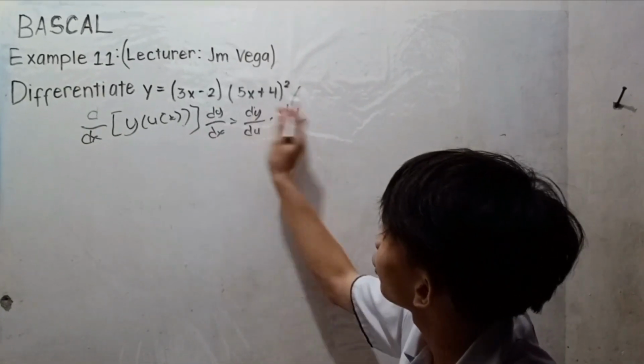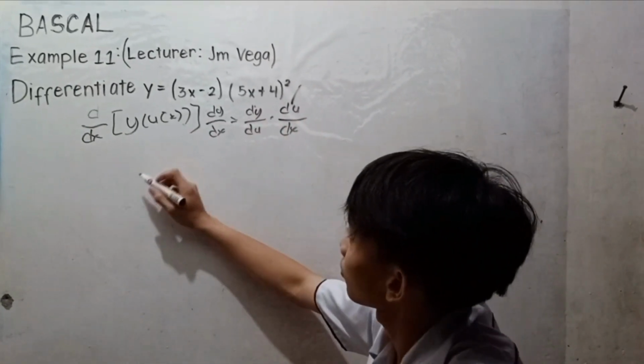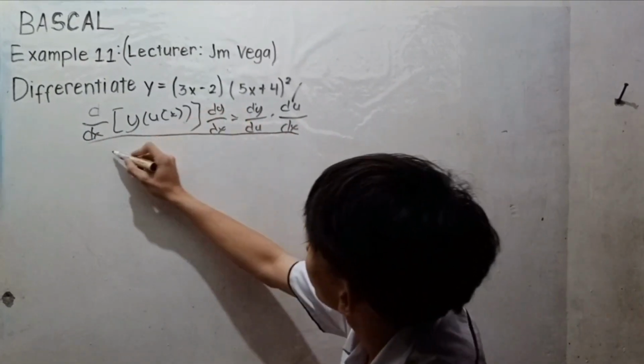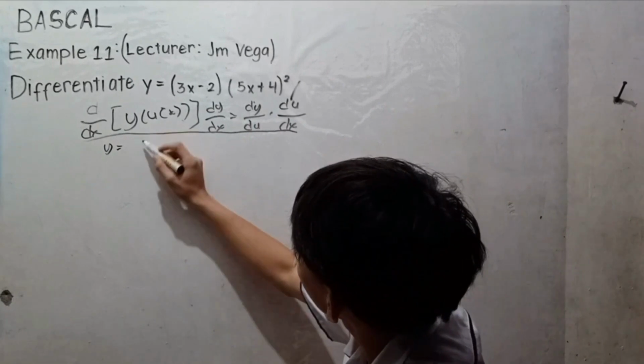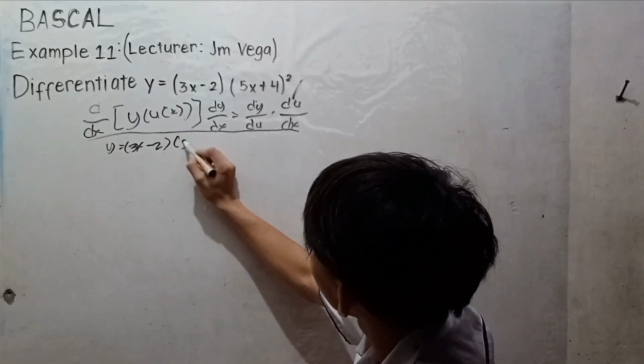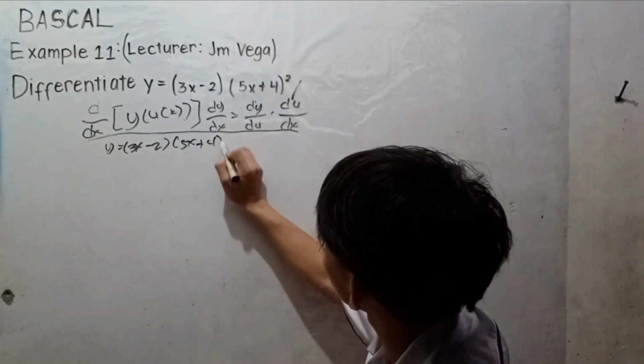Since we can apply the chain rule, we'll just simply use this formula. We will just rewrite it: 3x minus 2 and (5x plus 4) squared.